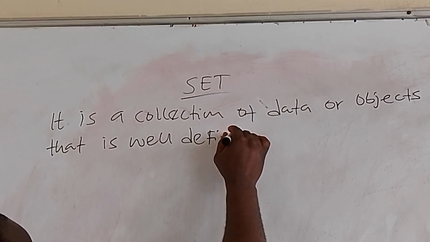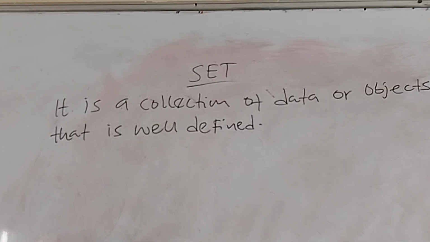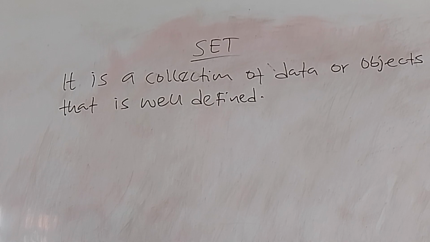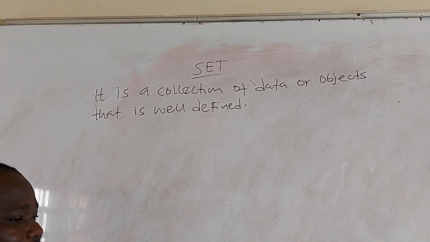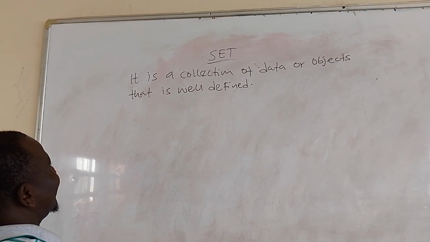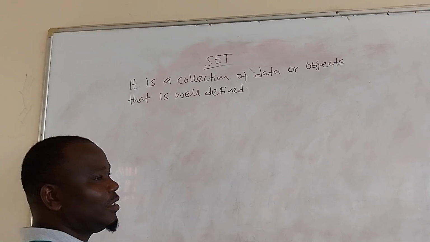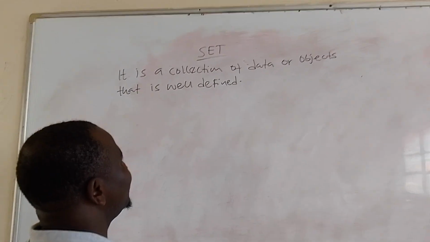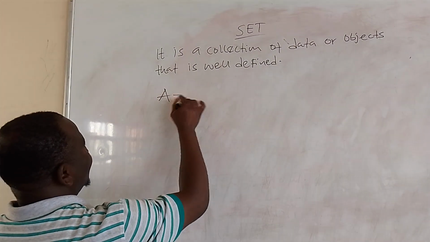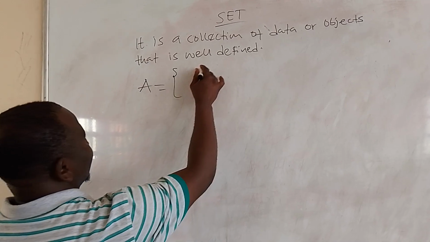And note that a set is denoted with a capital letter and with curly brackets. What do I mean by capital letter? A set is of this form, with curly brackets.